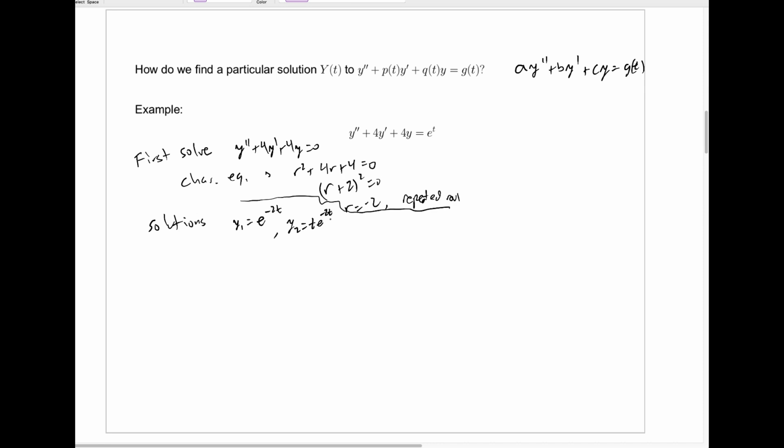And you should check that the Wronskian is non-zero, so these two solutions form a fundamental set of solutions to the homogeneous differential equation. Now, how are we going to find a particular solution to this non-homogeneous equation?